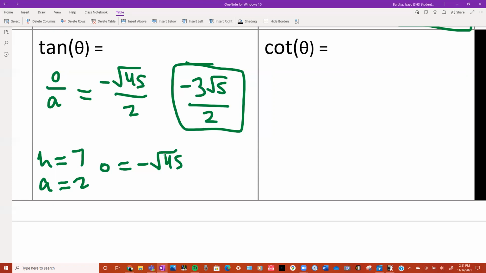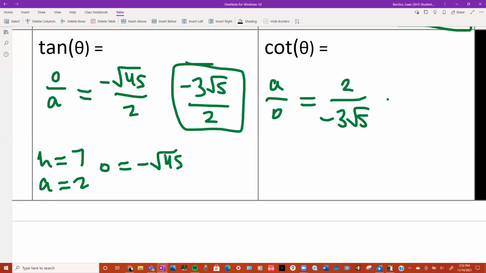Now, cotangent. That is adjacent over opposite, which would mean 2 over negative 3 root 5, which is the same thing as negative square root of 45, as we already found. Oh wait, since that's a radical in the denominator, we can't leave it.